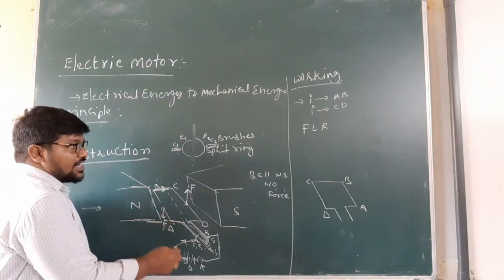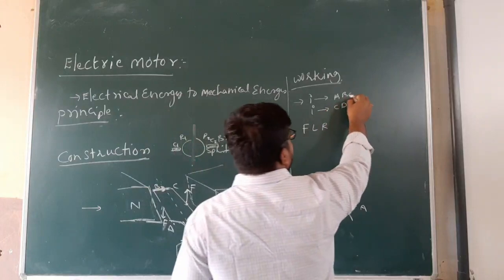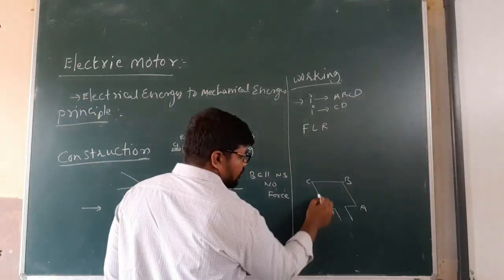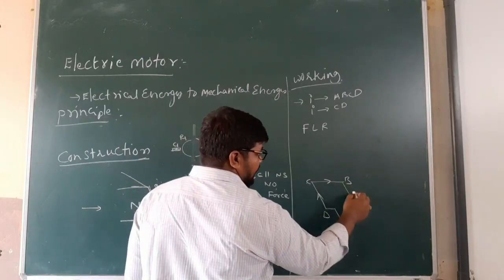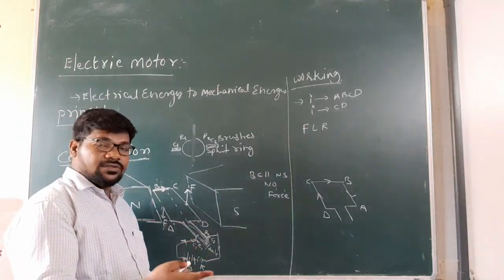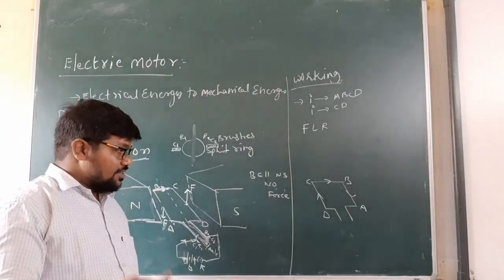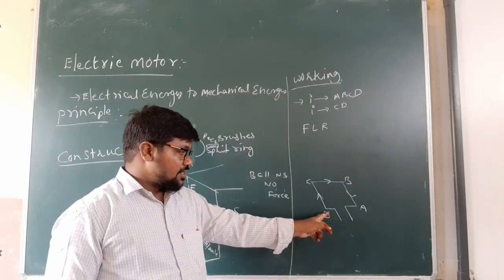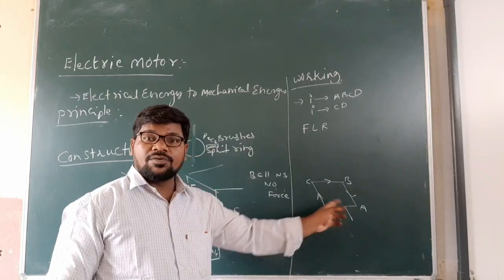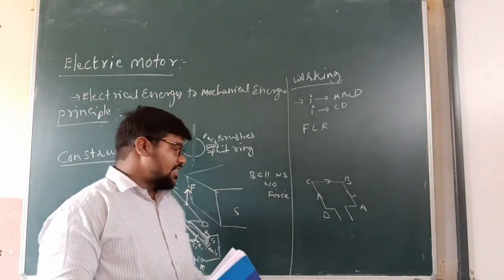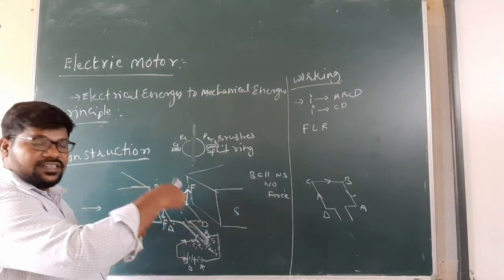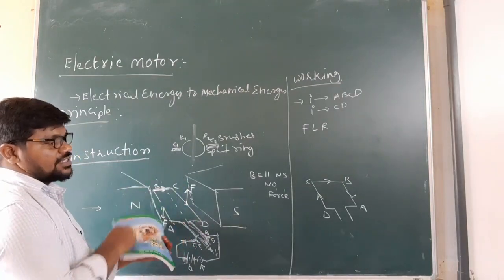Before that the current passed through A, B, C, D. After one rotation, the current passes through D, C, B, A. The direction of current changes from ABCD to DCBA, but the rotation is the same. The rotation is in the anti-clockwise direction, like this.